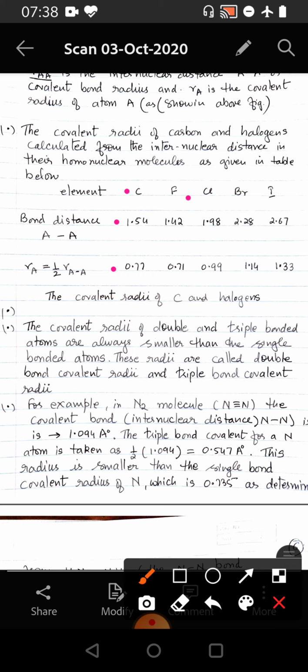For fluorine, the bond distance is 1.42 and the covalent radius is 0.71 angstrom. For chlorine, the bond distance is 1.98 and the covalent radius is 0.99 angstrom. For bromine, the bond distance is 2.28 angstrom and the covalent radius is 1.14 angstrom, whereas for iodine, the bond distance is 2.67 and the covalent radius comes to be 1.33 angstrom.